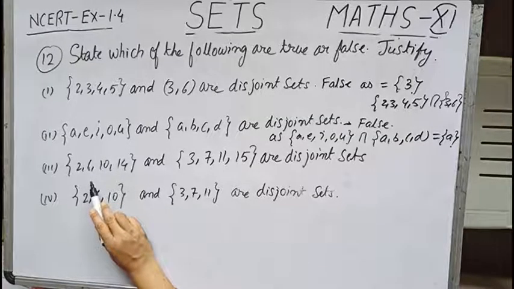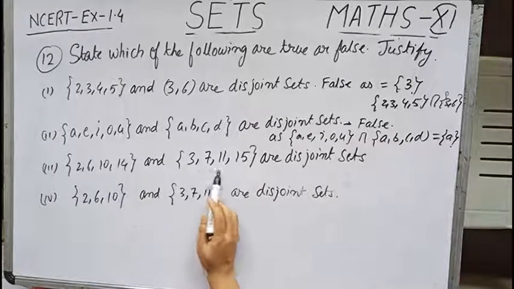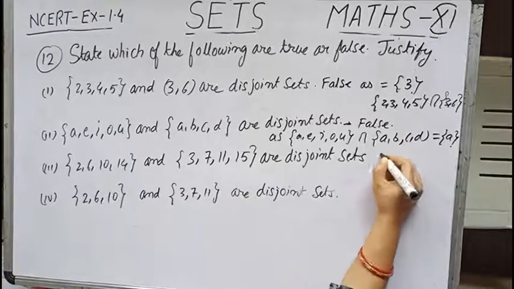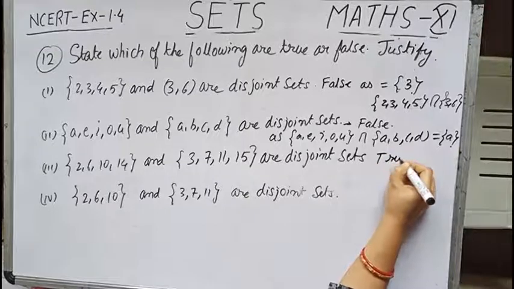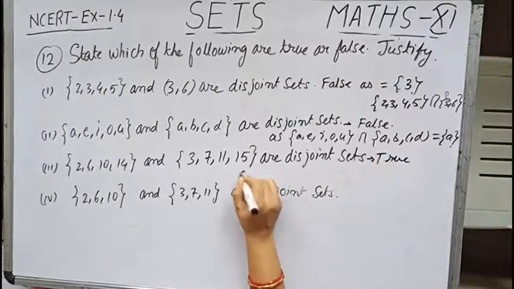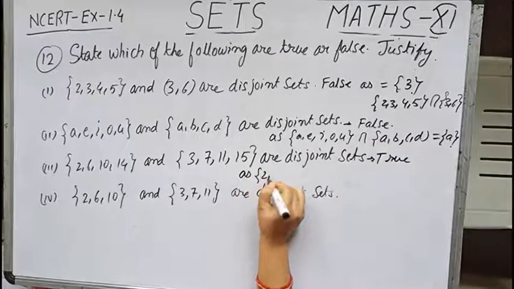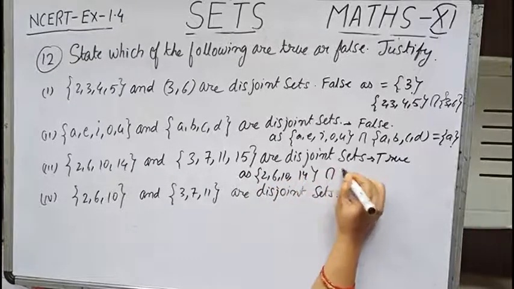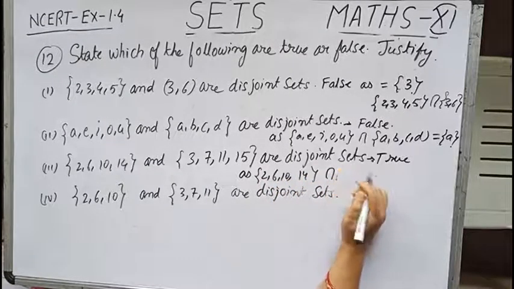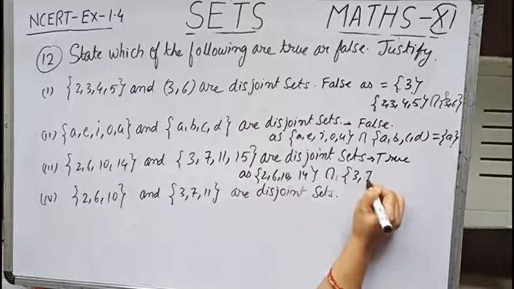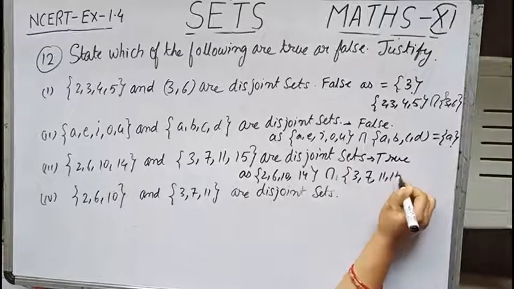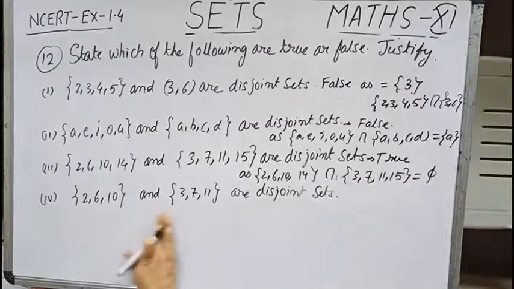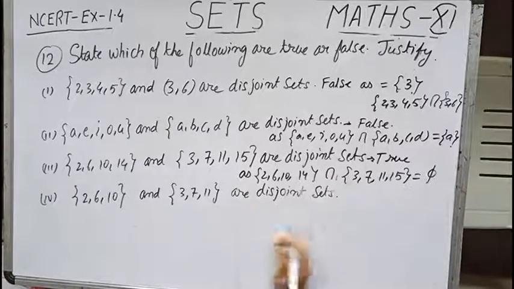Now subpart number 3: {2, 6, 10, 14} and {3, 7, 11, 15}. Here no element is common, so this one is true, as {2, 6, 10, 14} intersection {3, 7, 11, 15} equals to empty set. {2, 6, 10} and {3, 7, 11} are disjoint sets.